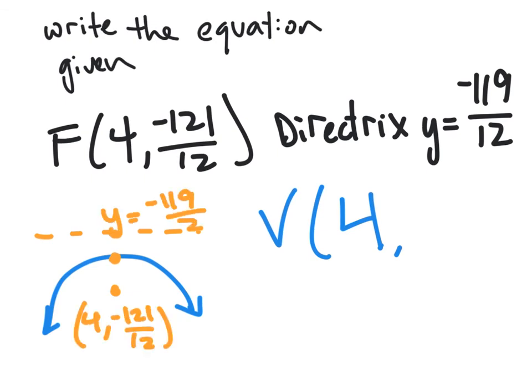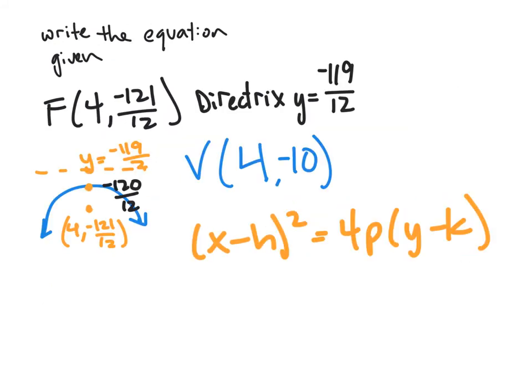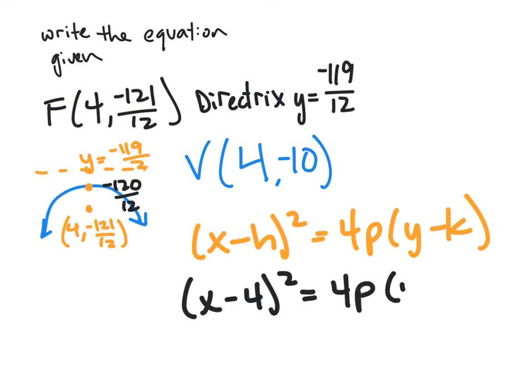Now the y-coordinate is going to be right in between the directrix and the focus. So if this is at -119/12, and this is -121/12, this must be -120/12, which reduces to -10. So now I can at least fill in the x and y of the vertex. This is (x - 4)² = 4p(y + 10).